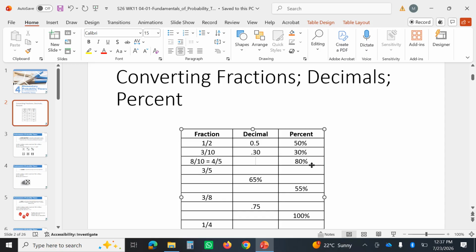And 3/5 is equal to 0.6, which is equal to 60%.